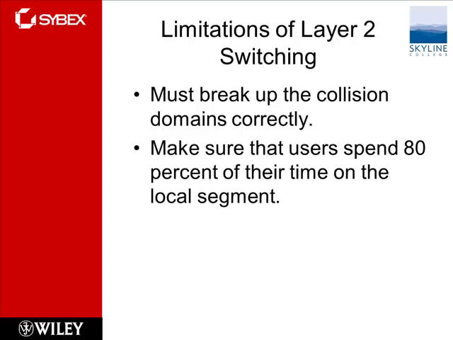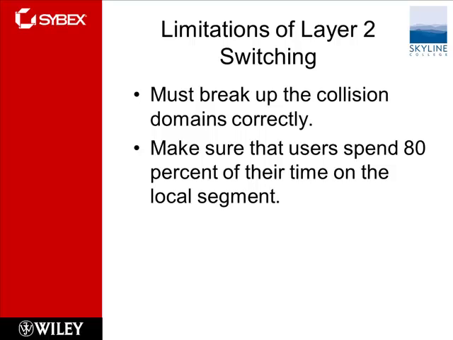Make sure that the users spend 80% of their time on the local segment. That's what this is about: when you break these things up into routable segments, what we want in the switched area is that users spend 80% of their time within the switched area. That means if you're spending 80% of your time going to a server, that server should be in the switched network.